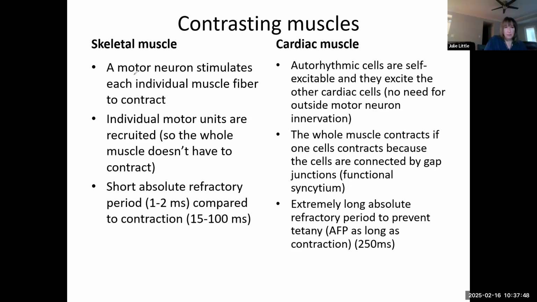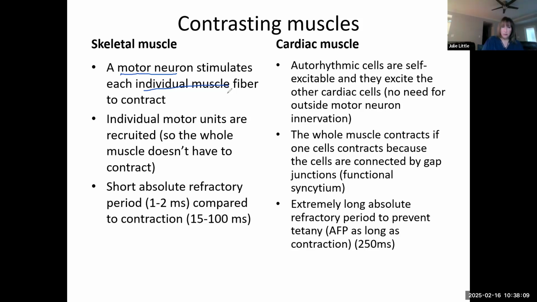There is always going to be a motor neuron that's going to stimulate each individual muscle fiber that contracts, meaning if there are 5 muscle cells right here, long and cylindrical, if only one of them is innervated and an action potential goes down it, only one contracts. That is very different than cardiac muscle.